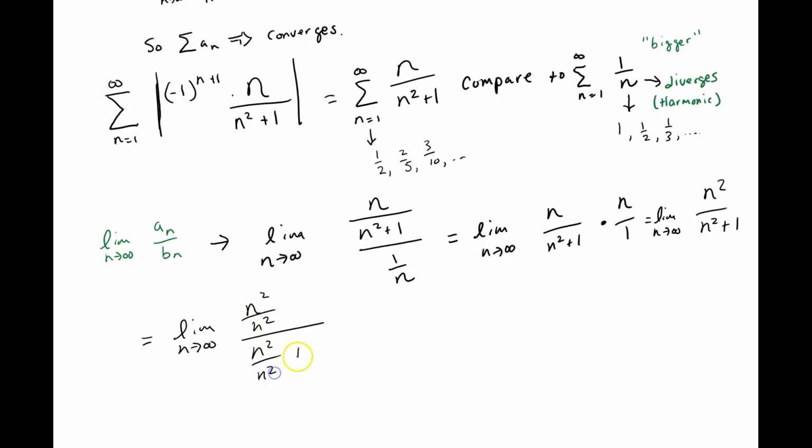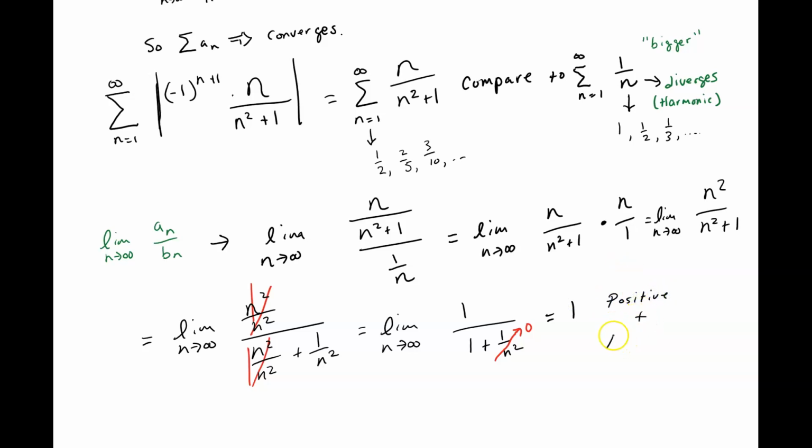This becomes a 1, and that becomes a 1 as well. We get the limit as n goes to infinity of 1 over 1 plus 1 over n squared. Now we can evaluate at infinity: 1 over n squared is 0. So you're left with 1, which is both positive and finite.